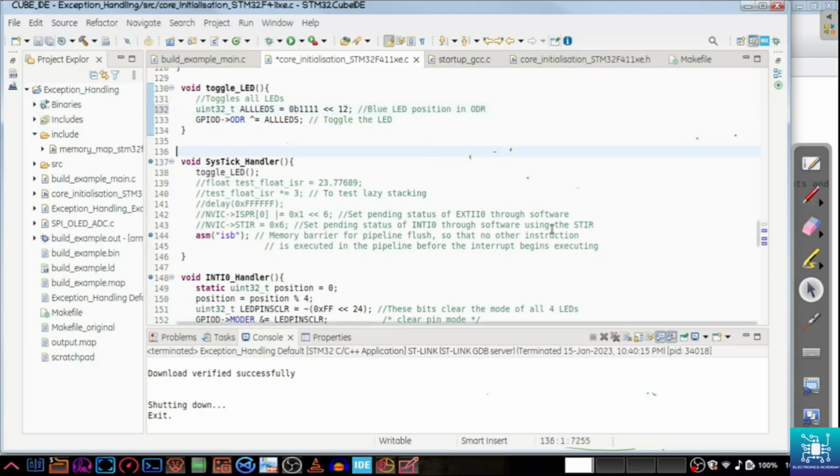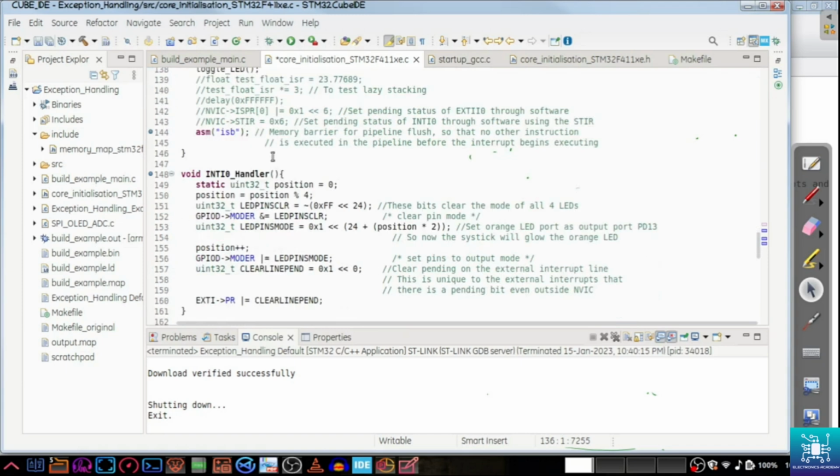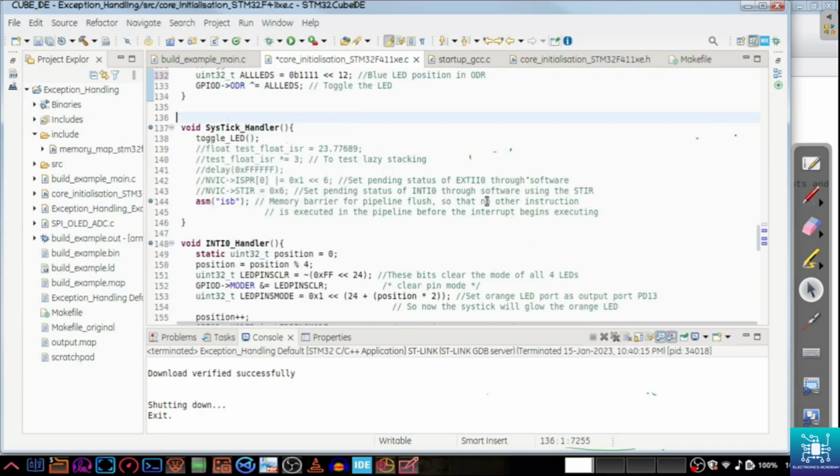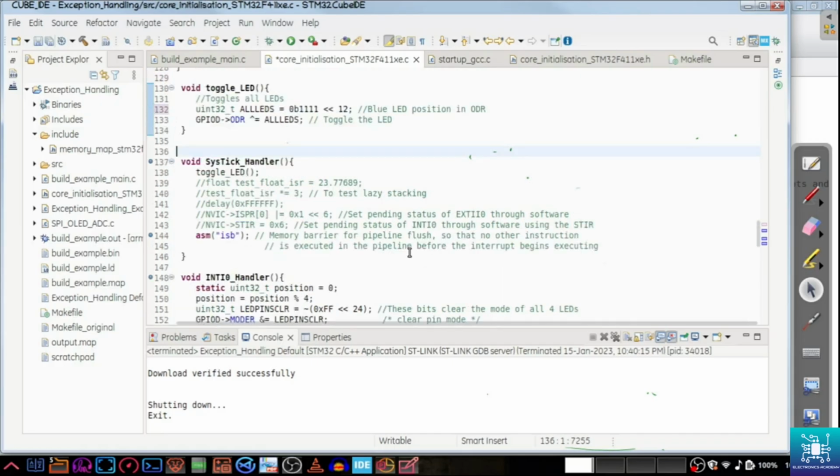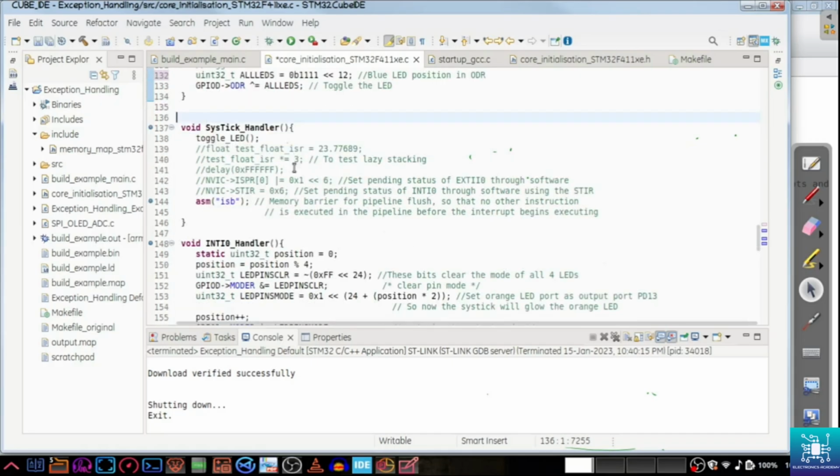And of course, the EXTI0 handler does something very interesting. In the next lessons, we will see how we are setting up the EXTI0 handler, as we have seen in the preemption example. So anyway, this is just toggling the blue LED. That's all the Systick handler does, and it toggles the LED every 0.25 seconds.